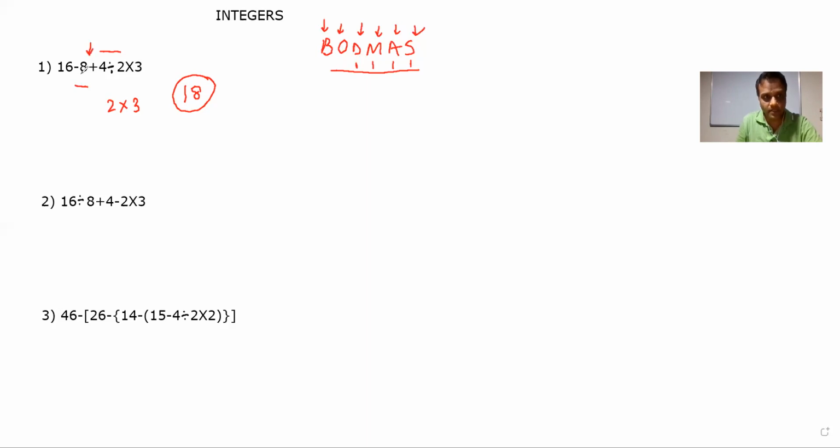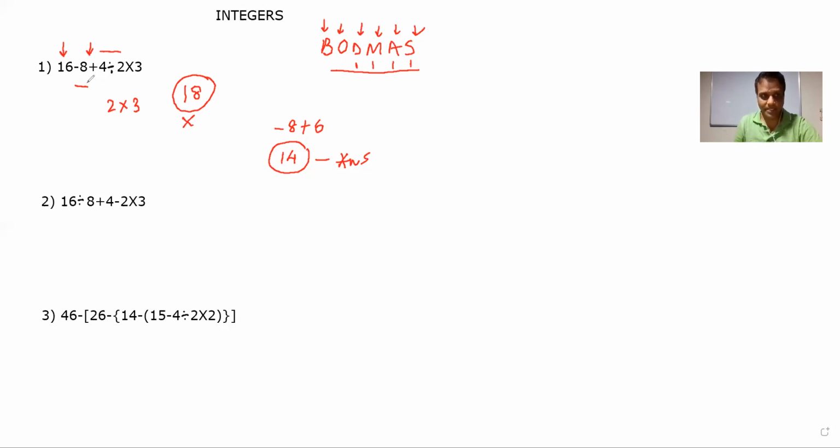So what is before addition? Minus 8. So minus 8 plus 6, which is minus 2. And the last one is 16 minus 2, which will be 14. And this is the final answer with BODMAS. And this is actually the correct answer and not the 18.